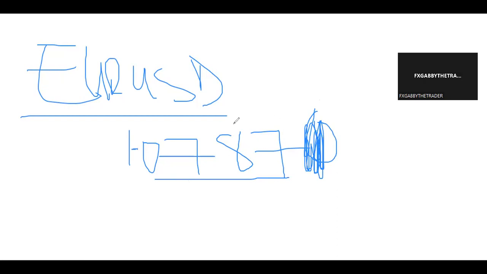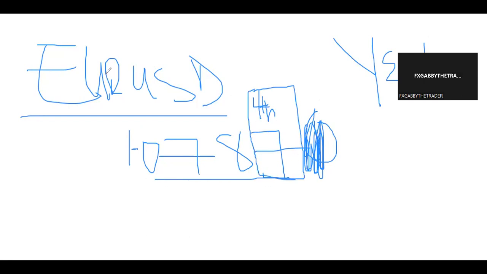And then we start counting our pip for pairs that are not under the categories of the yen pairs. I have given you an example of those type of pairs. So we start counting our pip from the fourth decimal place.